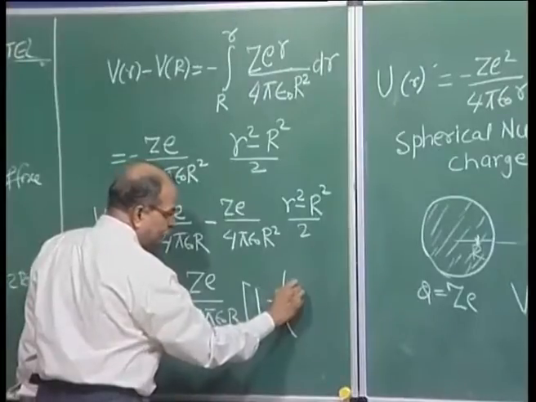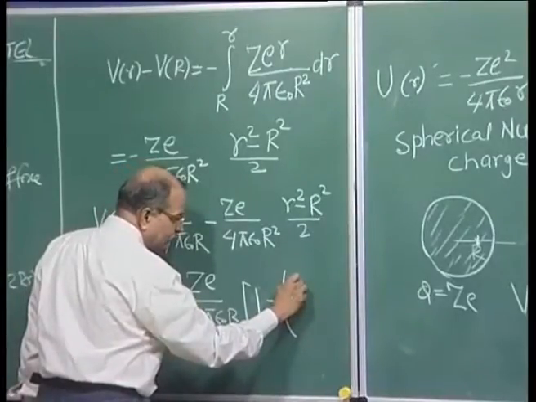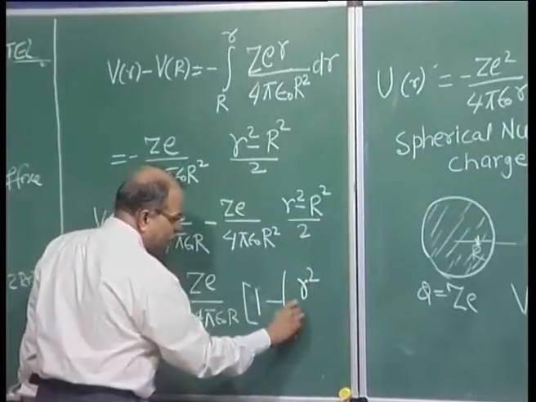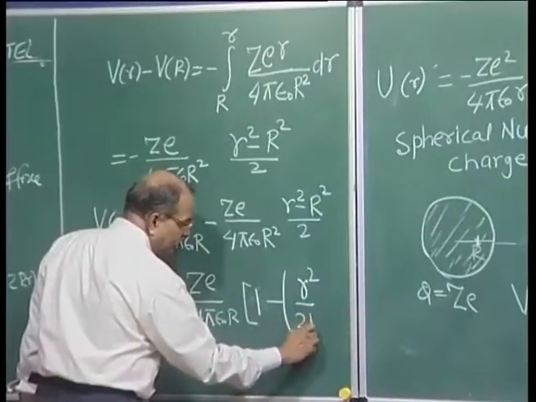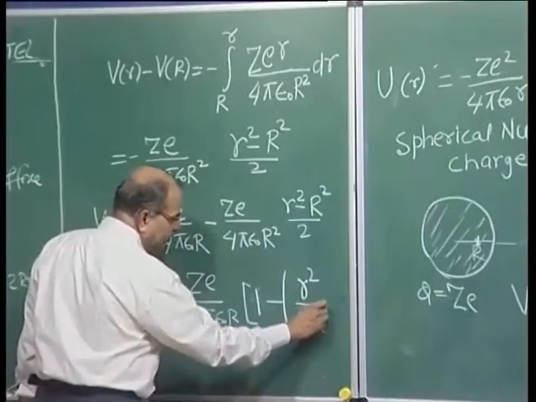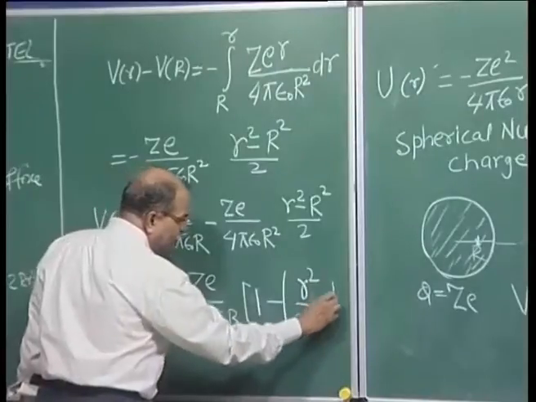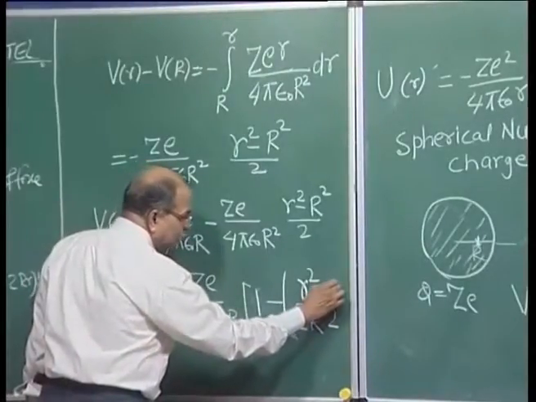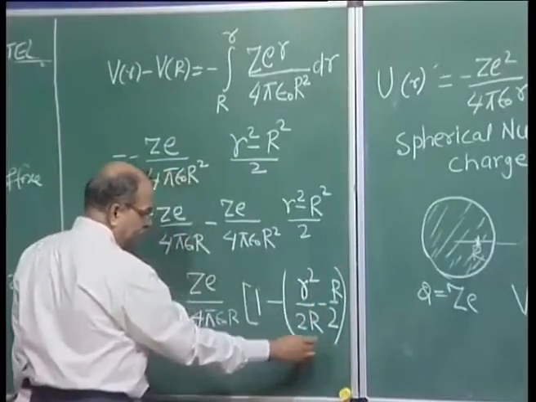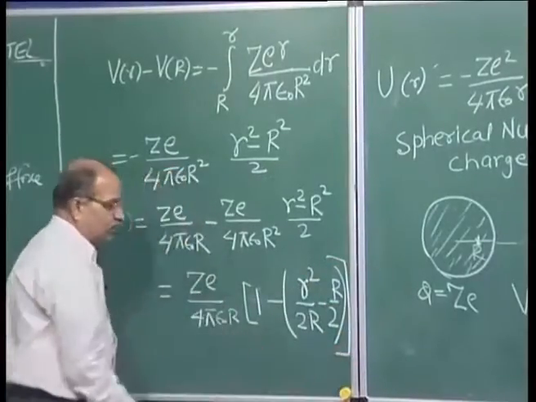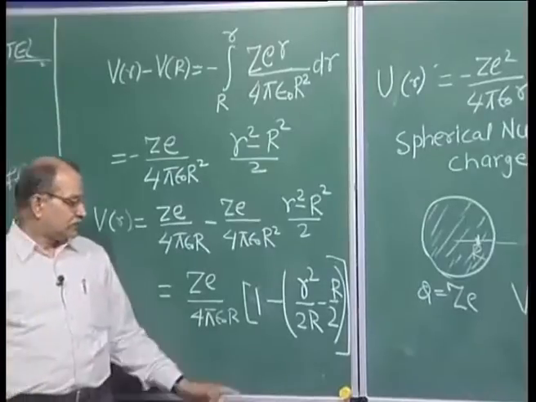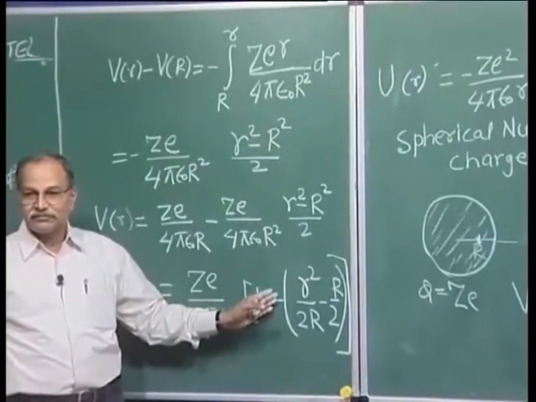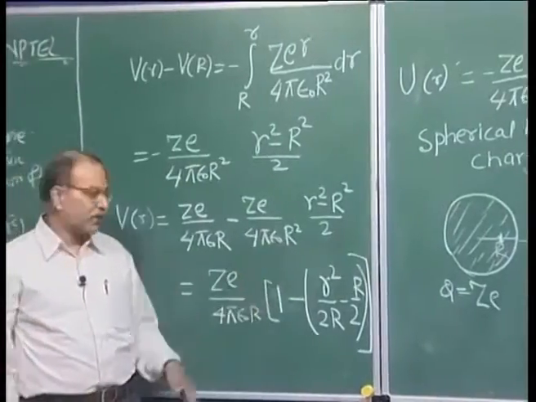So, 1 minus r square by 2 capital R. Right, check, correct. Okay, good.